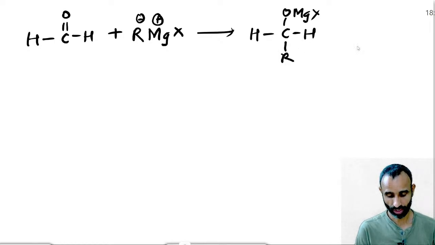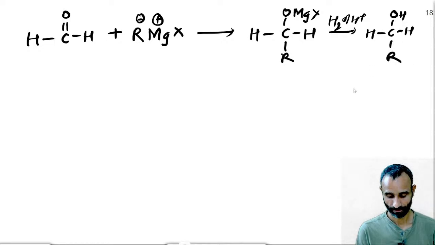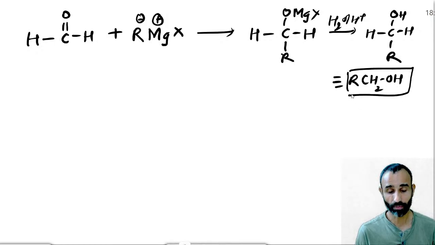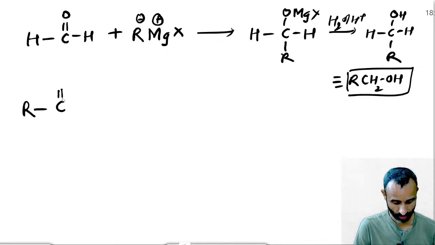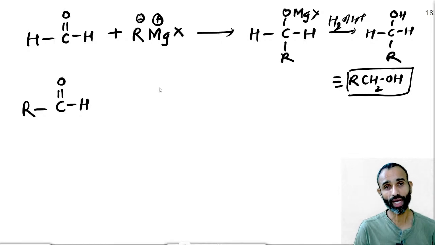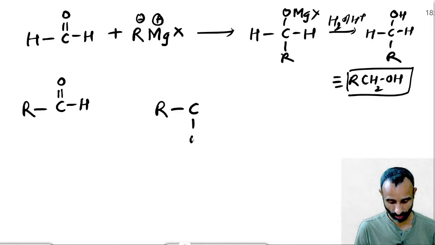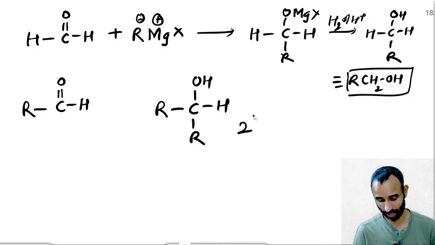So it is like this, which on hydrolysis gives RCH2OH. So we will get primary alcohol. If we have an aldehyde, then obviously this carbon has one R group, O turns into OH, so we get secondary alcohol.